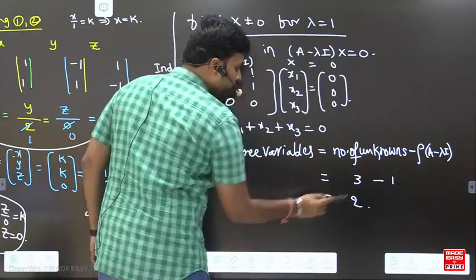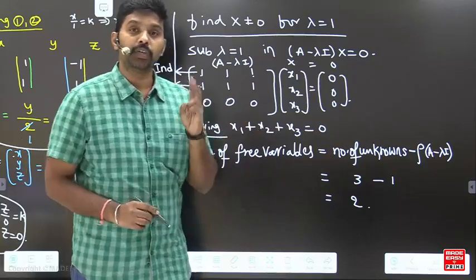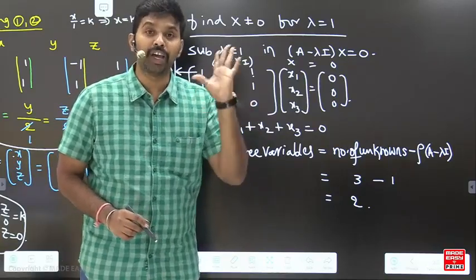But here I got 2. So I need to take 2 of the 3 variables as arbitrary or free values.